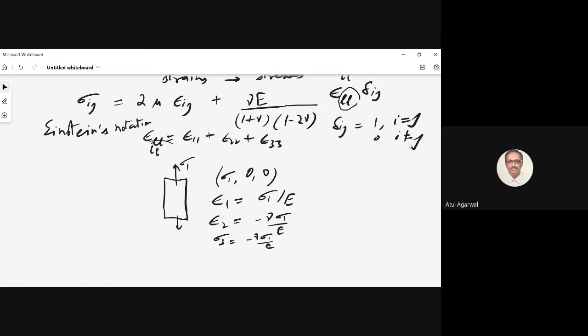Now, if I put this thing here, I put sigma 1 is equal to 2 mu epsilon 1 plus nu E by (1 plus nu)(1 minus 2 nu). Now, what is my epsilon ll? I have to sum all these strains.